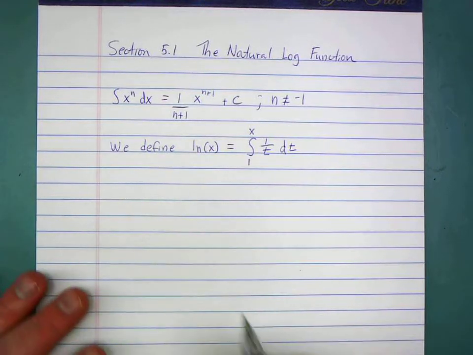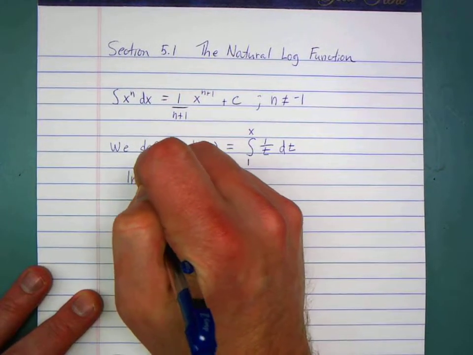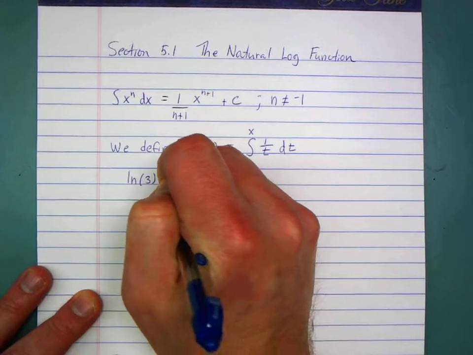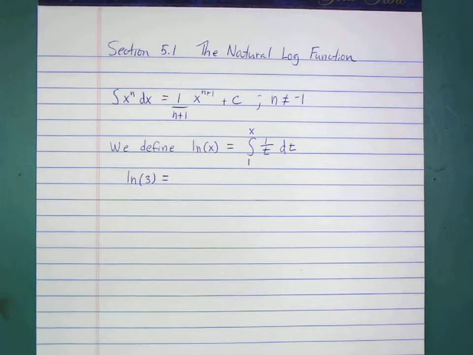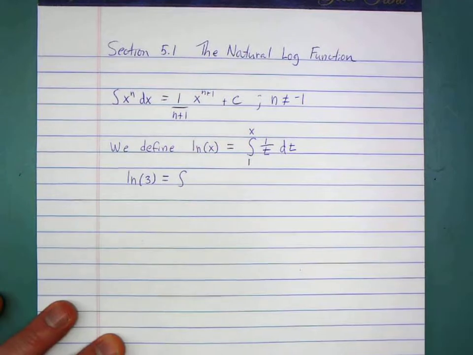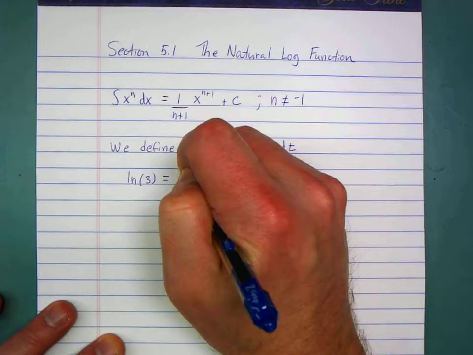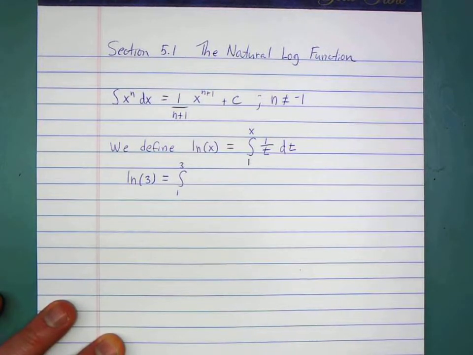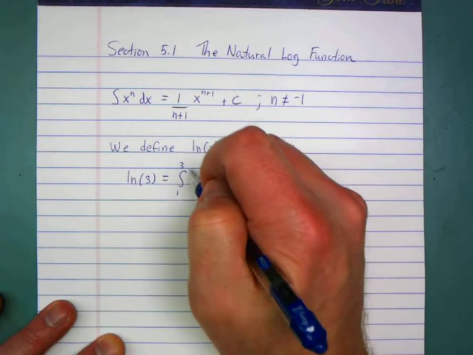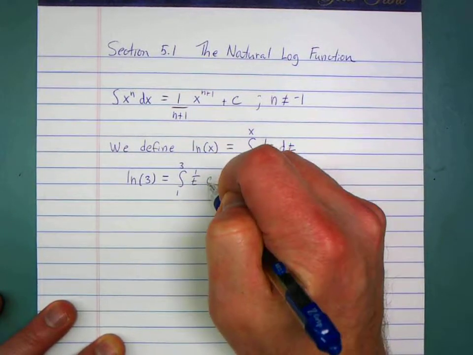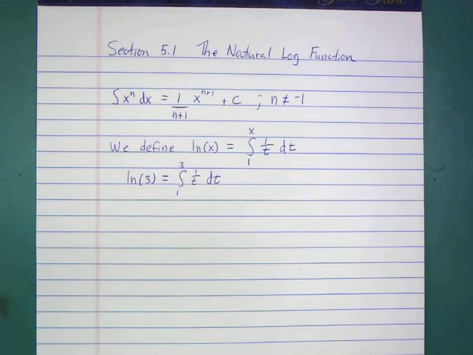So for example, if I asked you to find the ln of 3, what would you tell me the ln of 3 is? Integral from 1 to 3 of 1 over t dt. And then you would have to evaluate that integral.